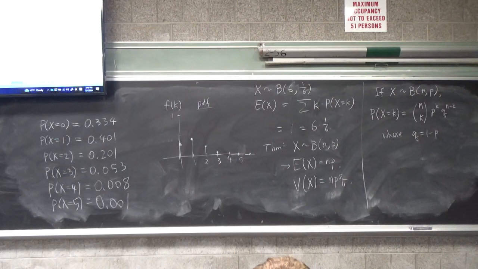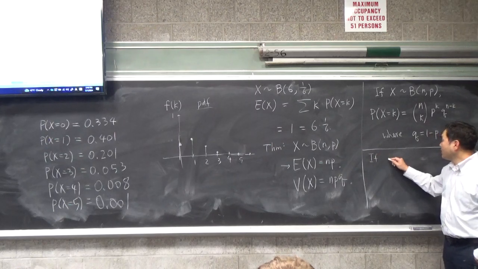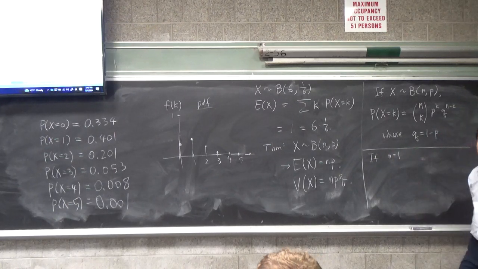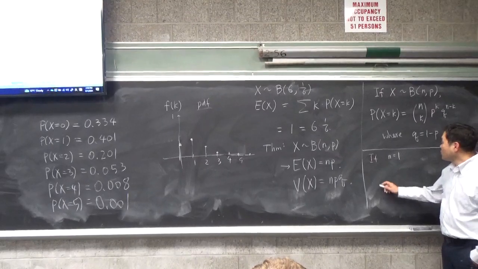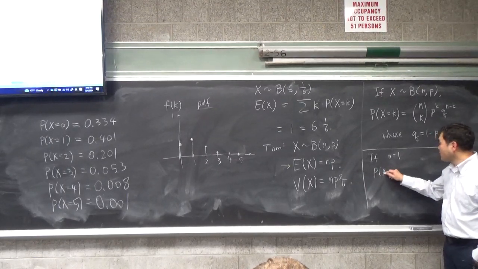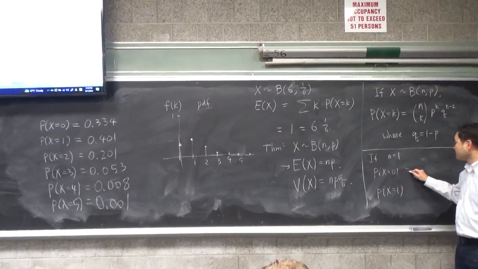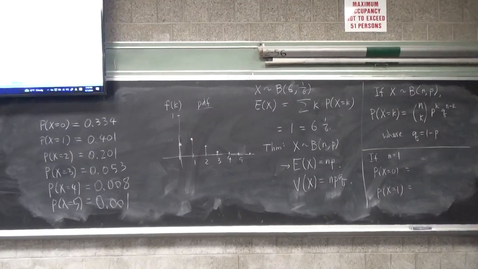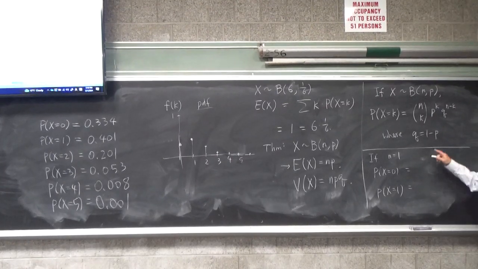And then there's another one, which is if n is 1, then you just have two cases, right? P of X equals 0 or P of X equals 1.